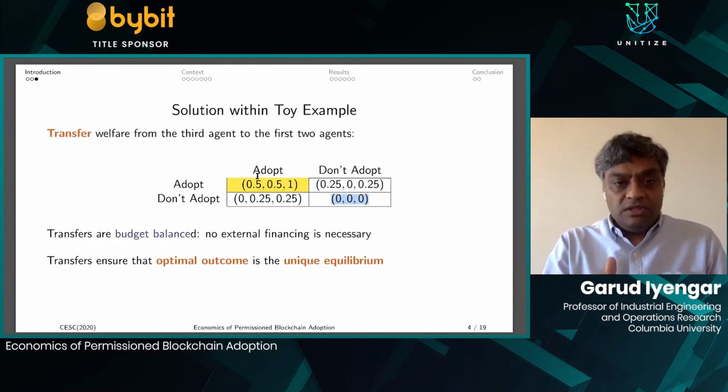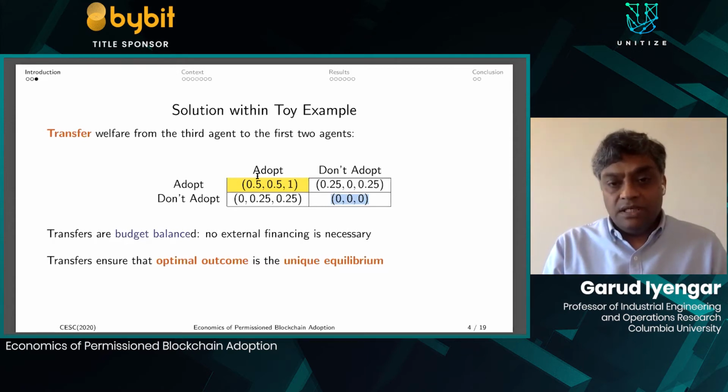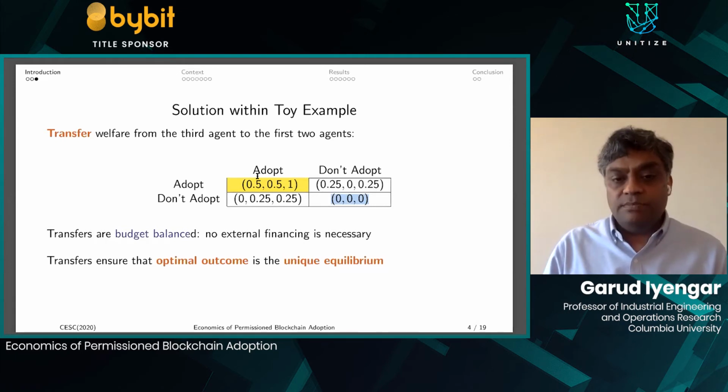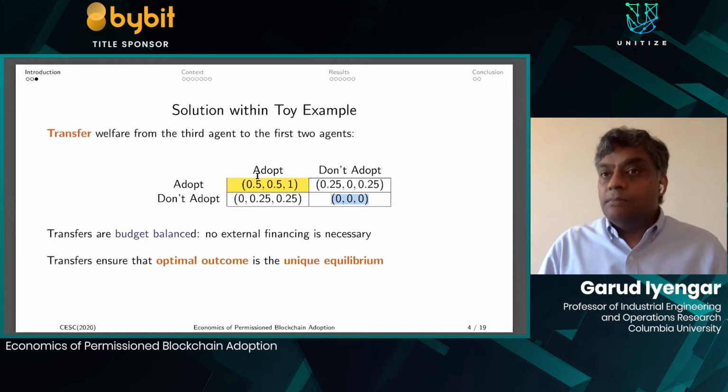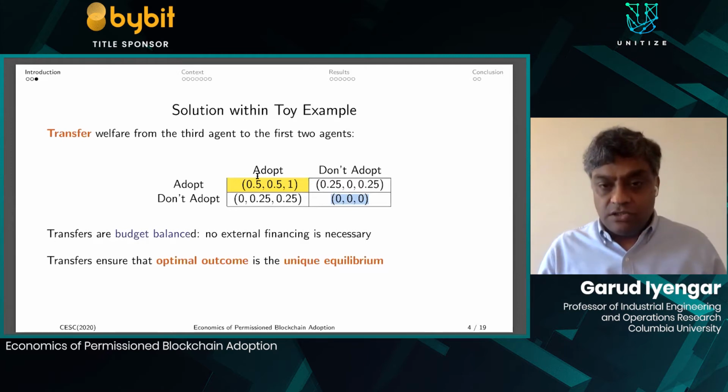So what I want you to take away from this basic example is that there are often situations when the social welfare is coming from a third agent who is not the decision maker, who cannot influence the decisions of players 1 and 2. Players 1 and 2 end up financing the social welfare.